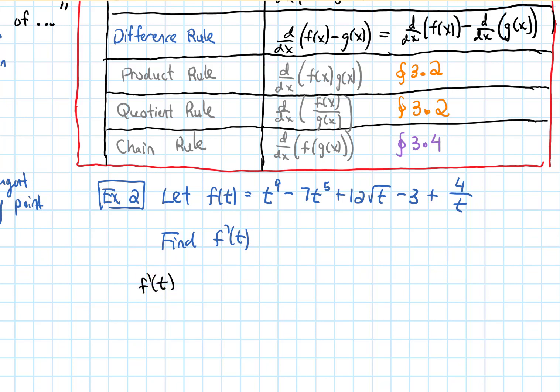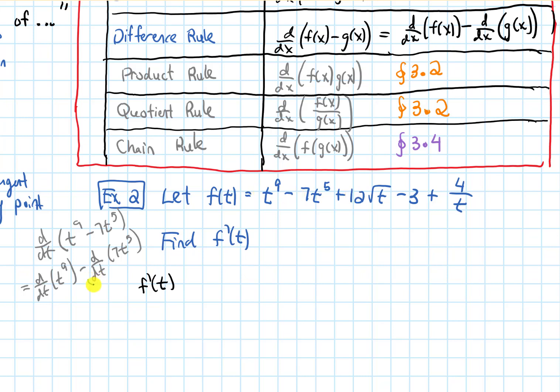Okay, so if I start to evaluate this derivative, the rules from above say things like if I need to do the derivative, in this case my variable's t, of something like t to the 9 minus 7t to the 5, let's just focus on the first two terms, that's just going to be equal to the derivative of the first thing, t to the 9, and then minus the derivative of the next thing, 7t to the 5, which means I can just do the derivative of each one of these terms individually and then put it together.